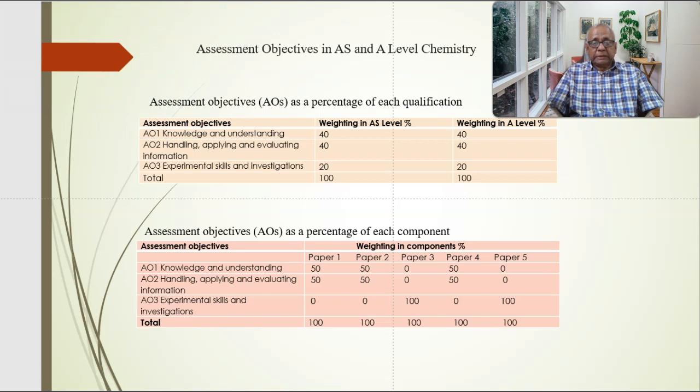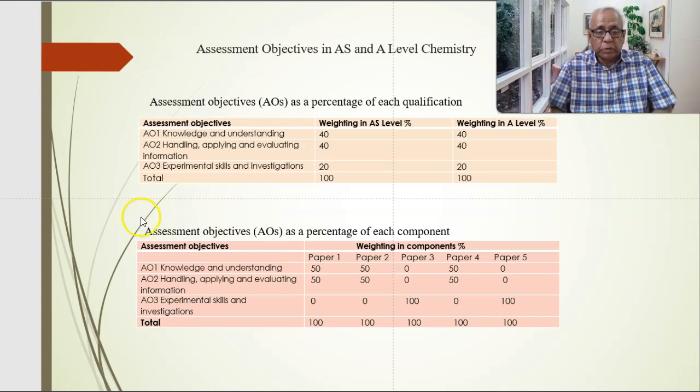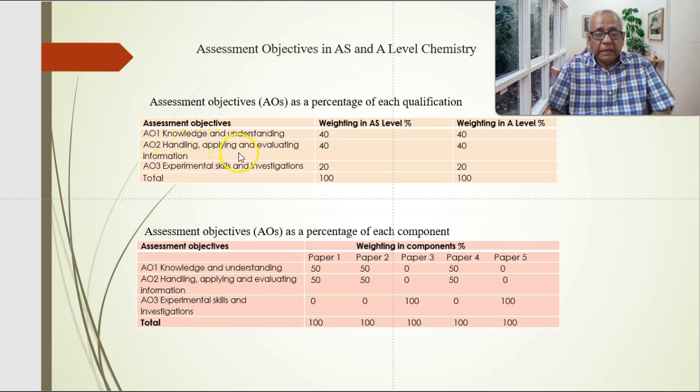Well, this is again a weightage assessment of AS level and A level. In all, we can go for paper 1, paper 2, paper 3, paper 4 and 5, and you see assessment objectives 1, that is knowledge and understanding, assessment objectives 2, that is handling, applying and evaluating information, assessment objectives 3, experimental skills and investigations.